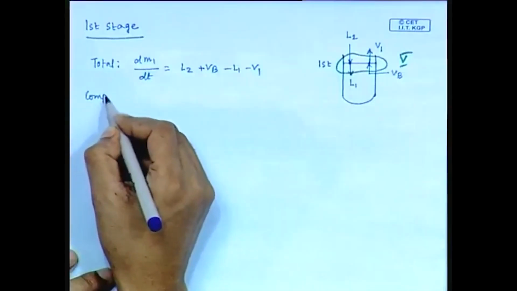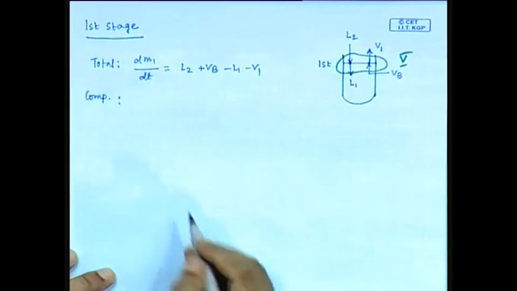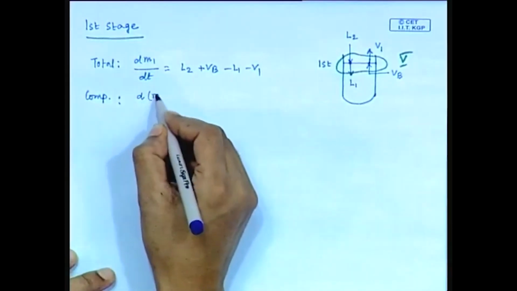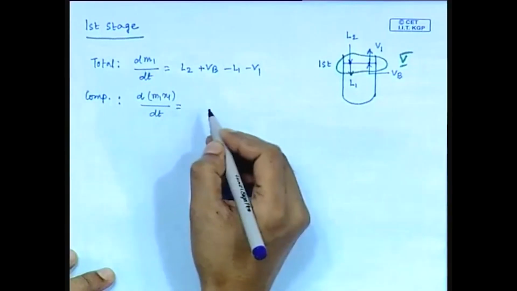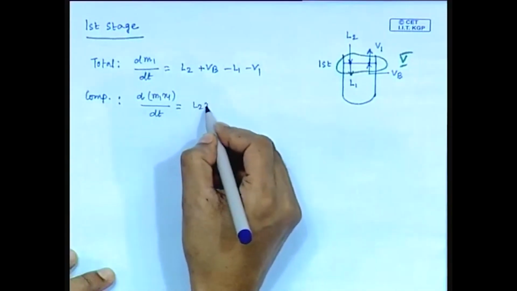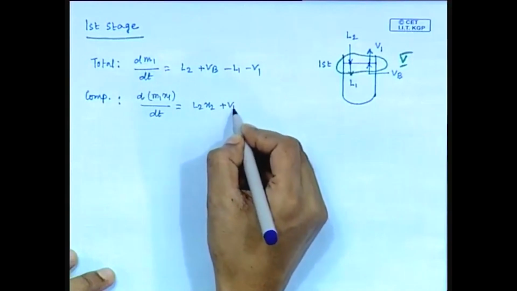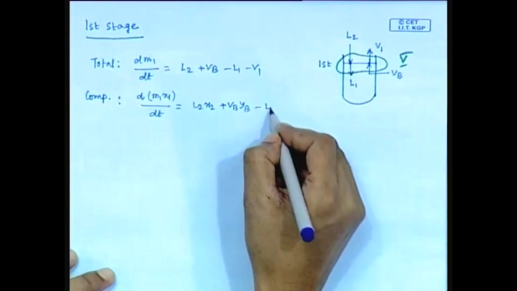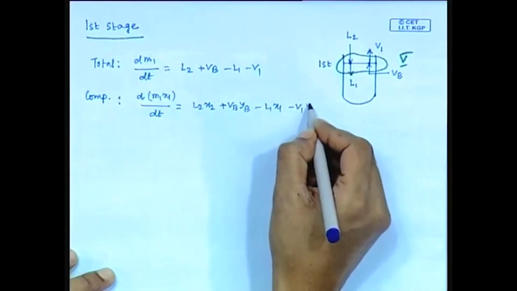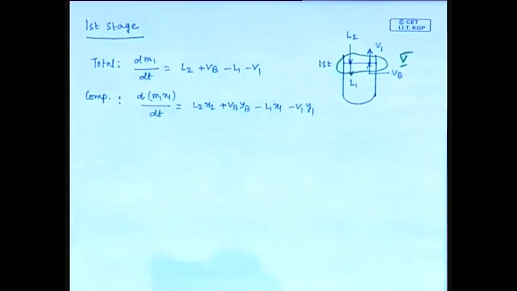Similarly, component mass balance: d M1 x1 dt equal to L2 x2 plus VB yB minus L1 x1 minus V1 y1. Fine. This is the component mass balance equation.